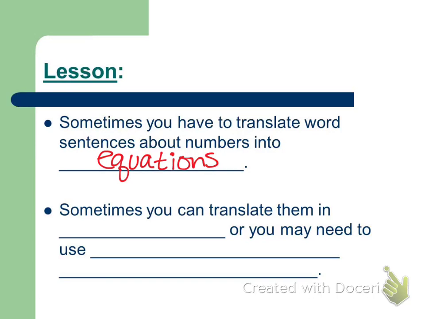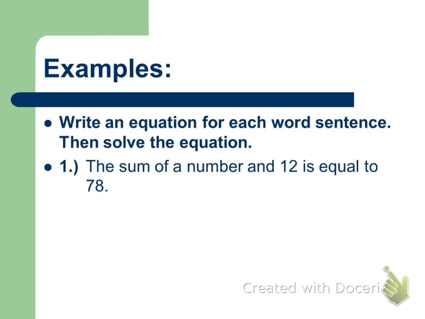Sometimes you can translate them in order, or you may need to use reverse operations. So we need to write an equation for each word sentence and then solve the equation.